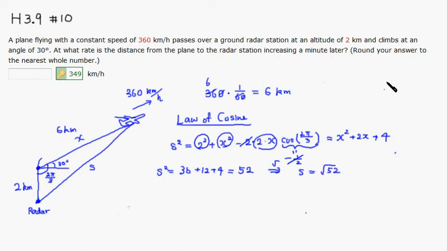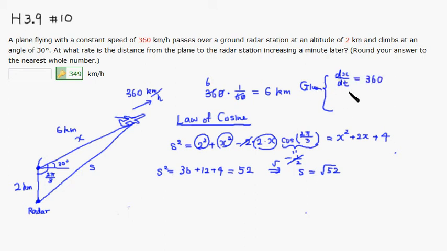So let's list what's given. Since the airplane is flying at the rate of 360 kilometers per hour, we know that dx over dt is equal to 360.